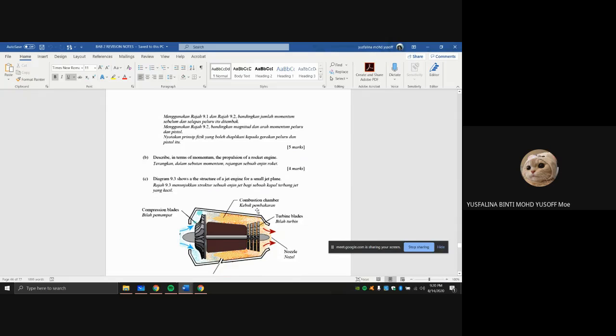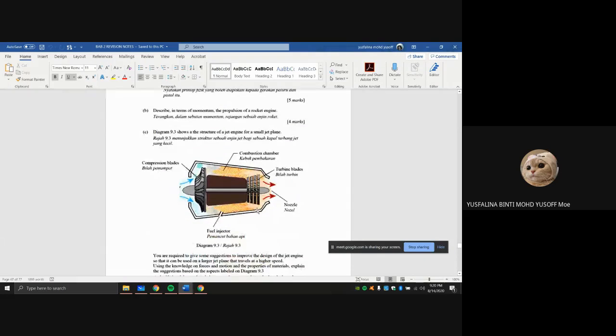So I explain. You know that the fuel will enter the combustion chamber here. There will be oxygen in the combustion chamber, so there will be a burning process here. After that there will be a gas, a very high velocity gas, coming out from the nozzle here.